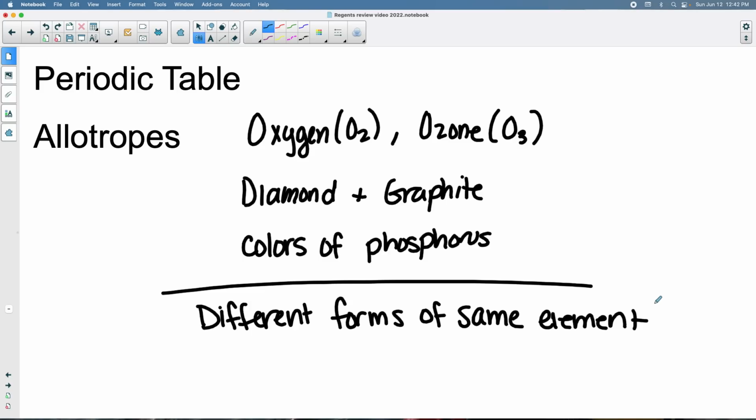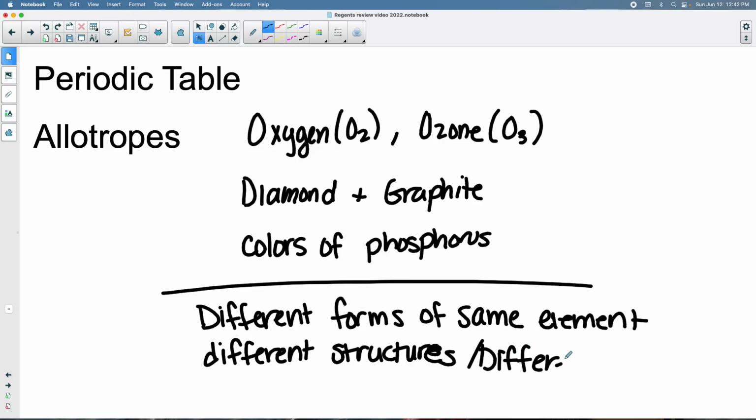And these different forms of the same element have different structures, which gives them different properties. They're going to have different physical properties.